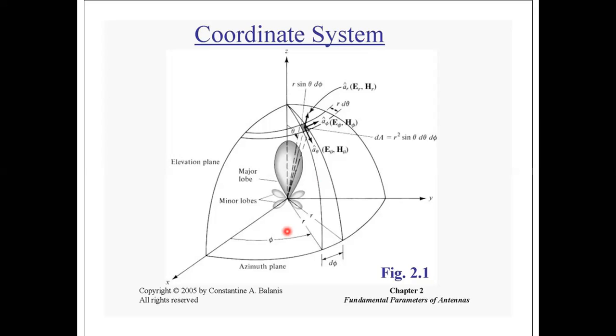Now here, if you observe carefully, in this diagram we can see the spherical coordinate system. What are the different parameters in a spherical coordinate system? The distance from the origin to the point of observation is the radius, the horizontal angle is called the azimuth angle, and the vertical angle is called the elevation angle.